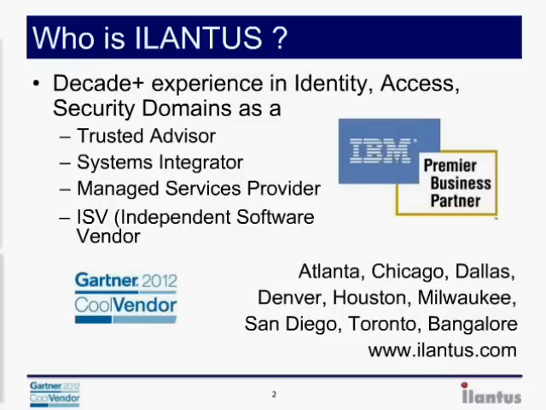ILANTUS, as a systems integrator and a managed service provider, has tremendous experience and knowledge of these products. As we evaluated products to build our own offerings, we chose the best-of-breed providers to serve as the foundation for our solution, which is called Federation Express.